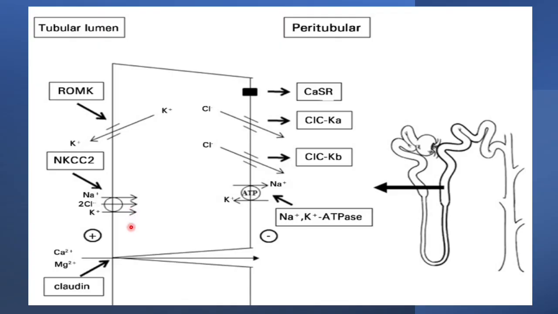So there is chronic hyponatremia because sodium is not reabsorbed. The 25% of sodium that is normally reabsorbed from the thick ascending limb of Henle is not reabsorbed here, so there is hyponatremia and hypovolemia.